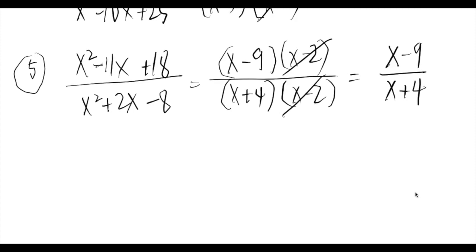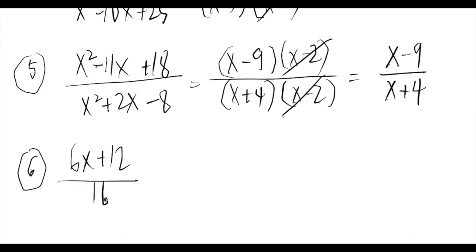Okay, so for the next item, 6 to 10, multiply yung rational expressions. Number 6, we have 6x plus 12 over 16 times 4x over 3 plus 6. I-factor lang natin yung mga pwedeng i-factor.